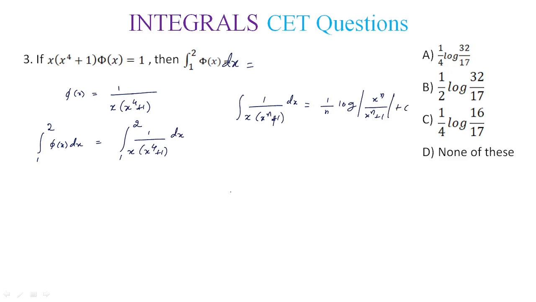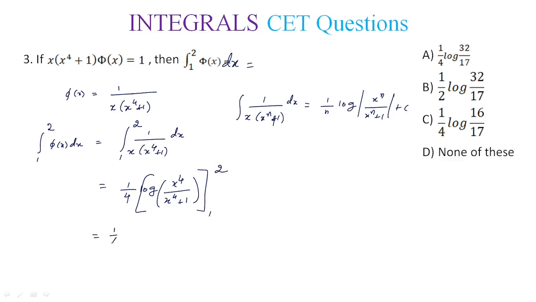With the standard result, answering the question, it is 1 upon, in place of n what is there here? 4 is there. So 1 by 4 into log of x raised to 4 upon x raised to 4 plus 1. You need not write mod here because x power 4 is always positive. Okay, 1 to 2. Let us substitute upper limit, lower limit and evaluate it.